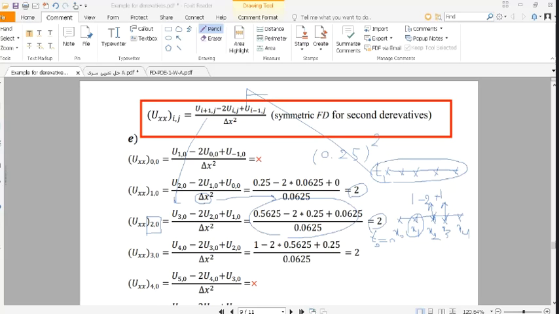Okay, doctor. What is your field, in Persian رشته, numerical or differential equations?